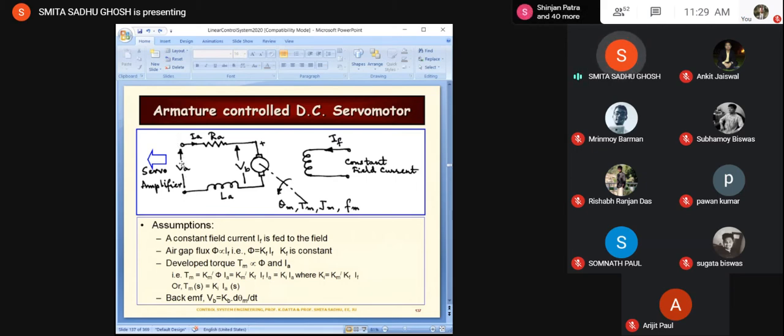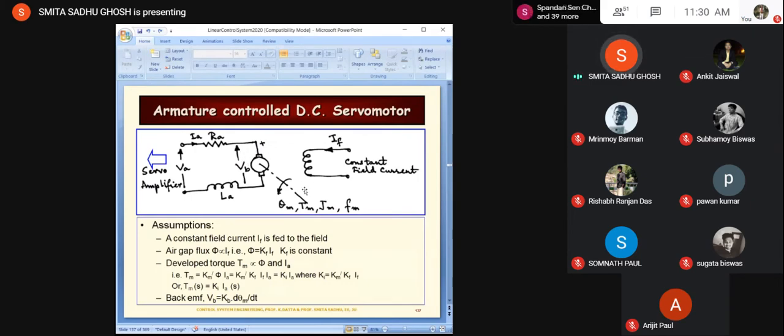So Va is the input signal over here, and in the armature side Ra is representing the armature resistance, and La is representing the armature inductance, Ia being the armature current. We also have the armature drawn over here, and the back EMF across the armature is denoted by Vb.